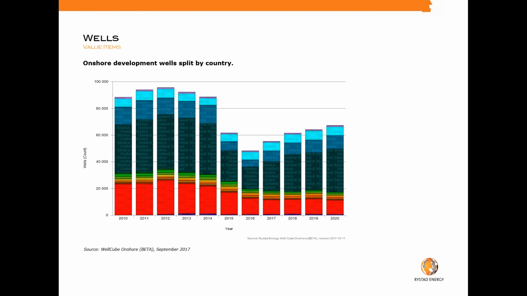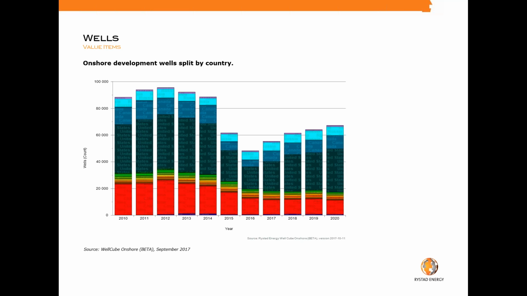Here we are looking at the case example with onshore development wells split by country. And this graph highlights the default value item in WellCube, which is the wells drilled and completed yearly. This number is consistent with the UCube production numbers.